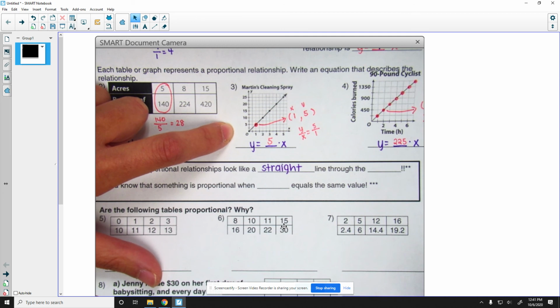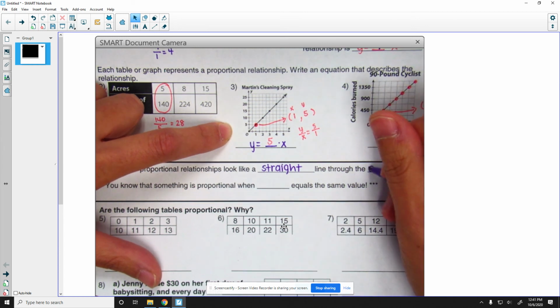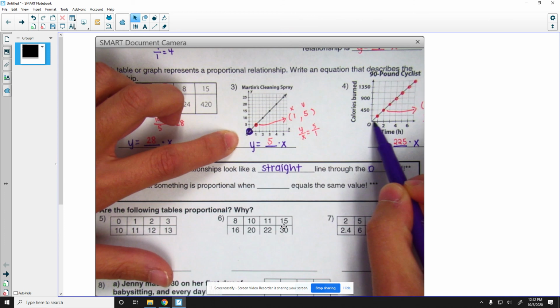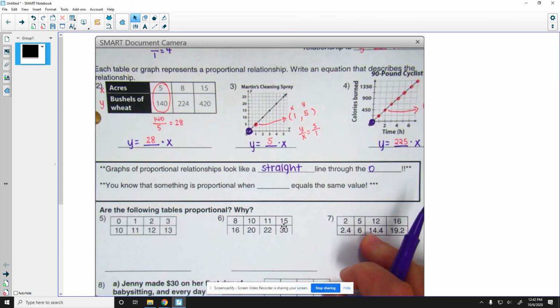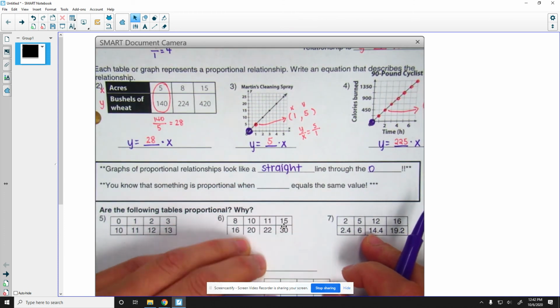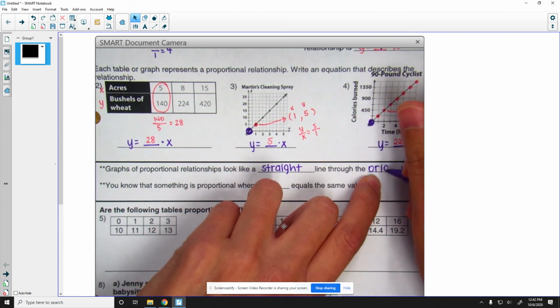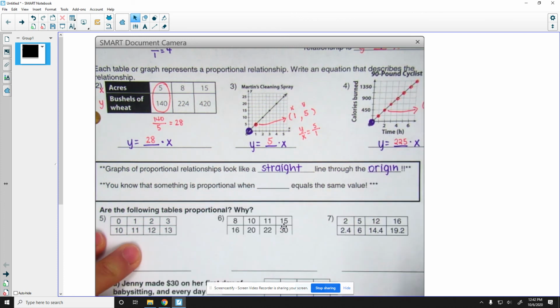The what? Corner. What corner? Top right corner. No. Starts with an O. Origin. It always goes through right here, 0, 0. Okay, so please remember that a proportional relationship is always going to be a straight line, and it always goes through the origin, which is 0, 0.